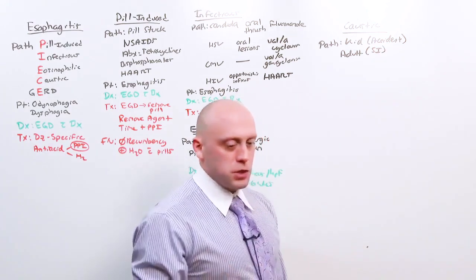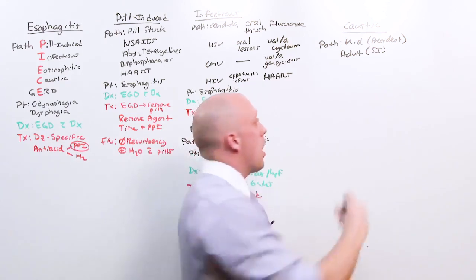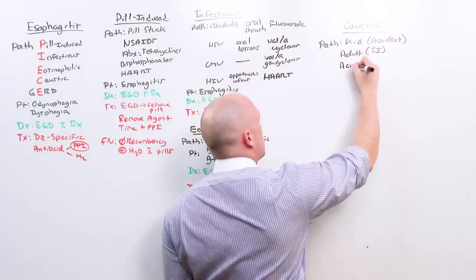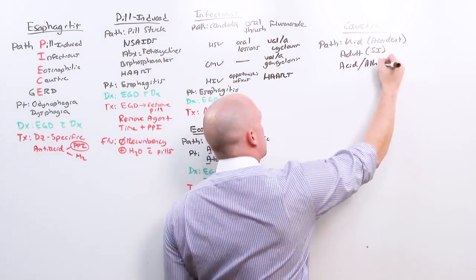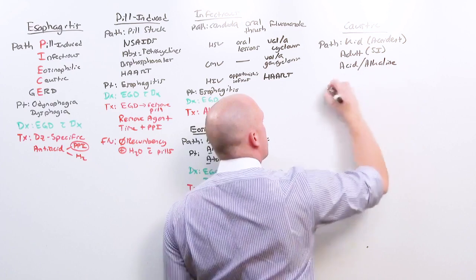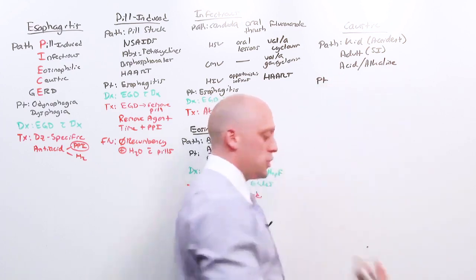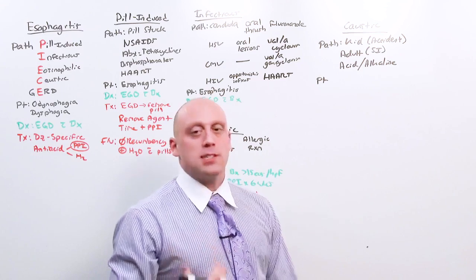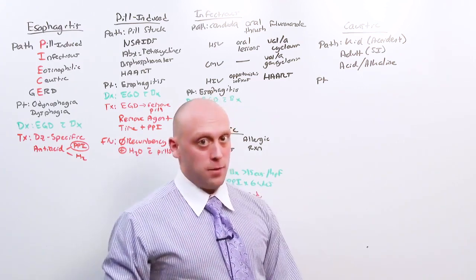But caustic ingestion is generally going to be a very strong acid or a very strong base, an alkaline substance.